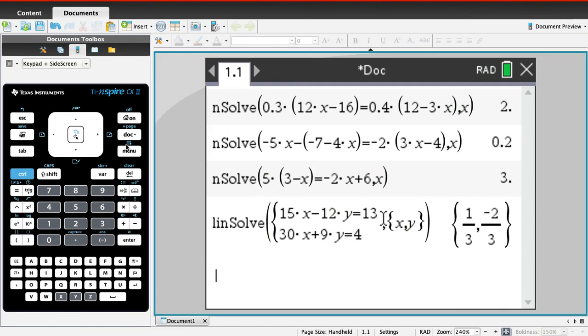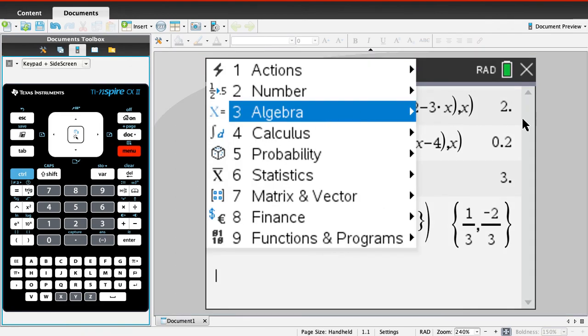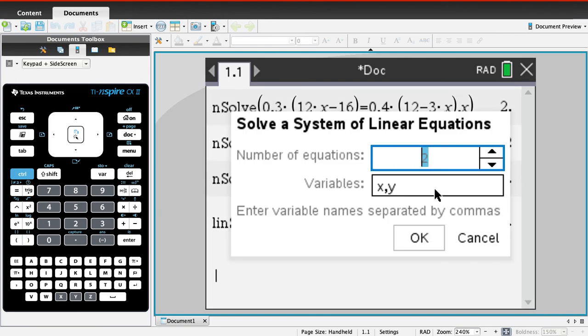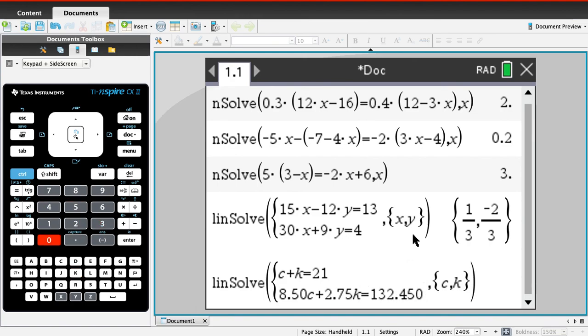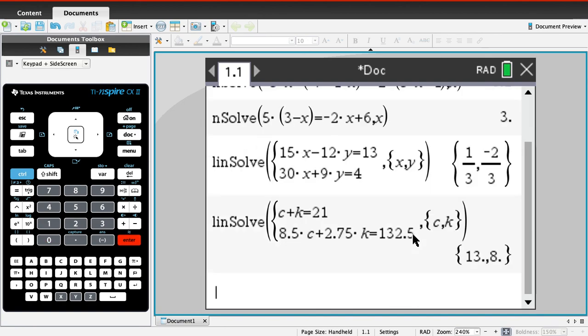All right, so I'm going to go ahead and start another linsolve. And this time I'm going to be a little bit difficult, and I'm going to use my variables c and k. All right, so let's type in the first one. C plus k equals 21. And 8.50c plus 2.75k is equal to 132.50. Whoops, there we go.